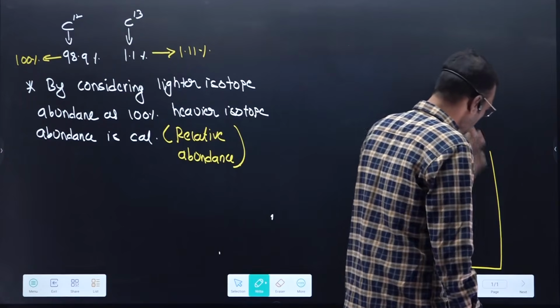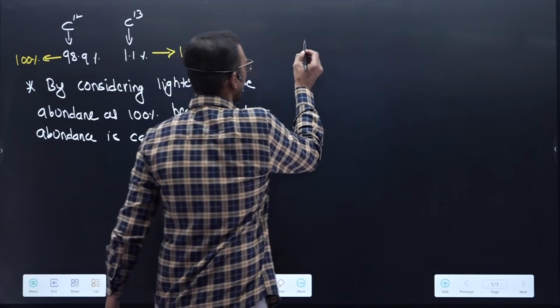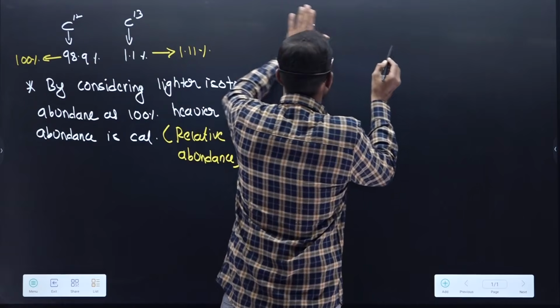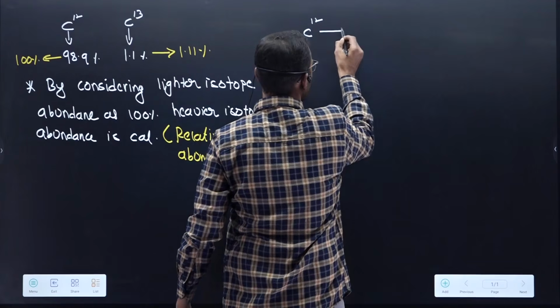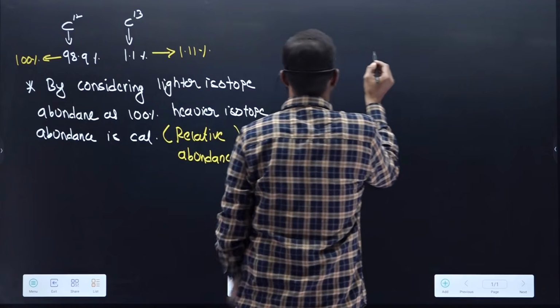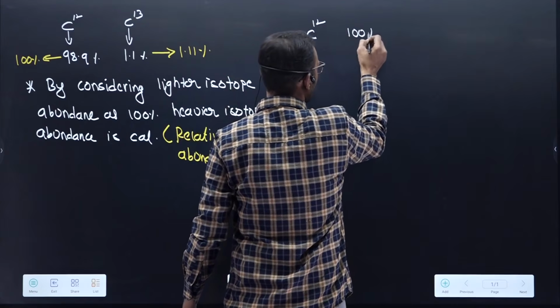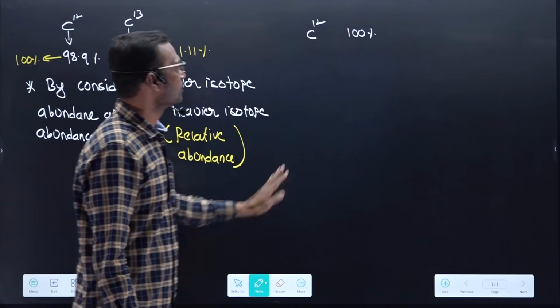So this time one bromine question is given based on this isotopic ratio only. Suppose I take carbon, so C12 is taken as 100%. C12 percentage is 100.